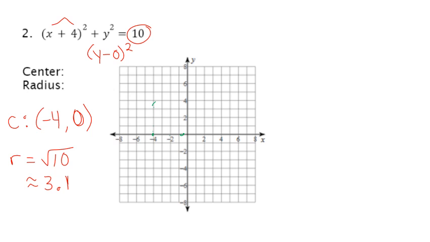And then 1, 2, 3 for the others, and then just do my best to try to create a circle. And again, it's just a sketch, but we can see it's trying to go through those 4 points we just plotted.